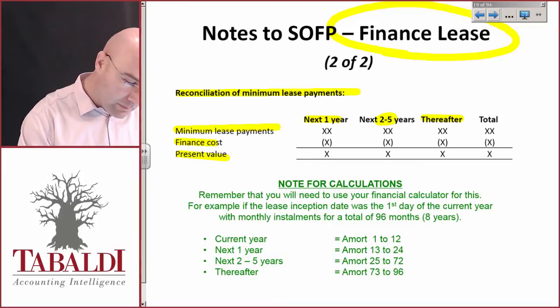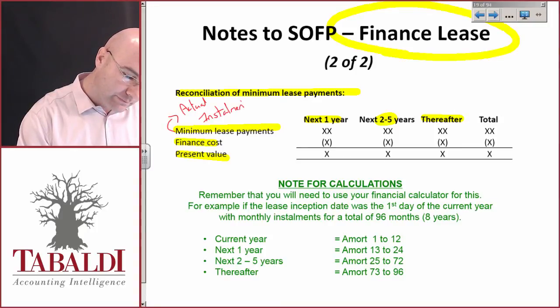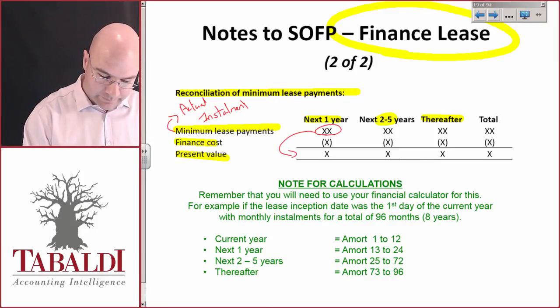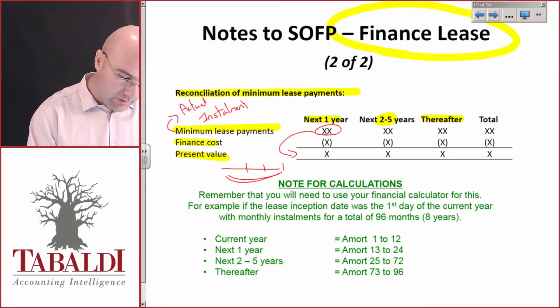So this top one, the minimum lease payments, will be the actual installments that are payable. Okay, and then you will discount them. You put it on a timeline and you will discount those back to the present value.